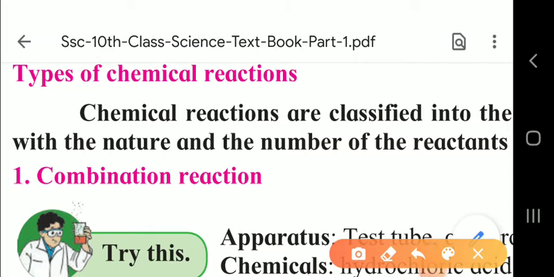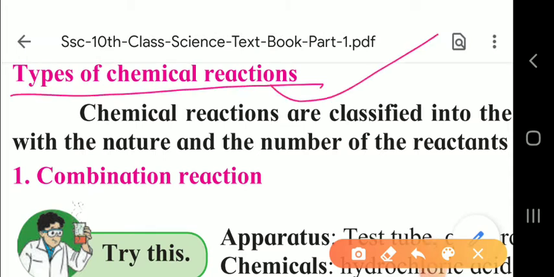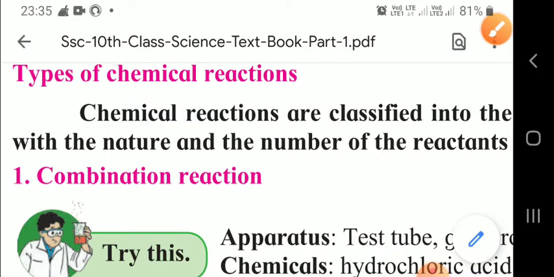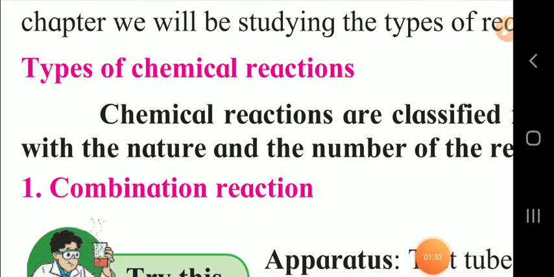Students, today we are going to start from this topic, that is, how many types of chemical reactions there are, the types of chemical reaction. So let us see, children, how many types of chemical reactions there are, and we have to study all types.